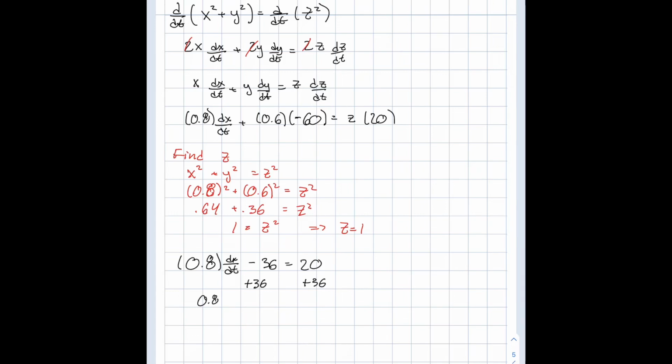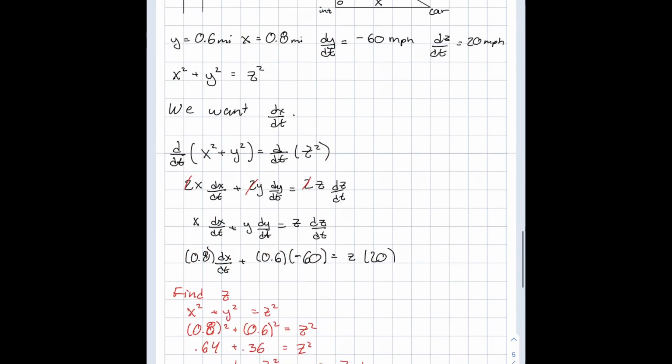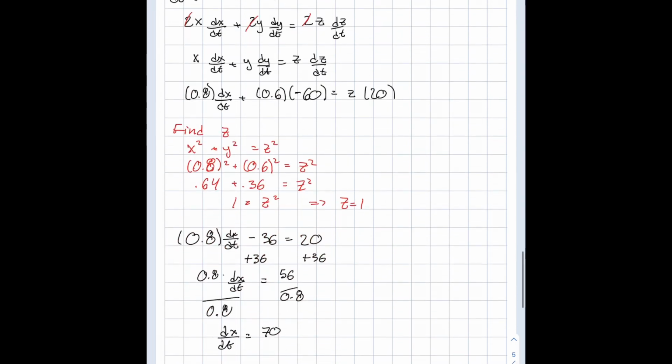So I get 0.8 times dx/dt equals 56. Then divide everything by 0.8, and that equals exactly 70. I need to check my units. These were all miles per hour, so this is miles per hour.